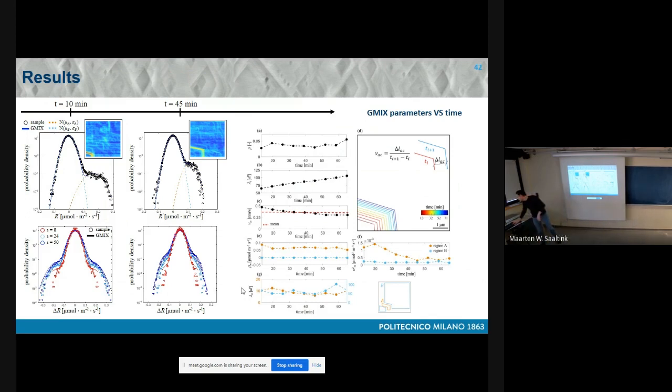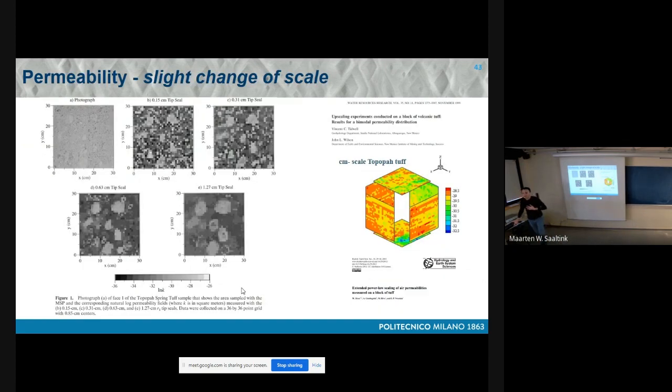Okay? And we also tried, just to go back to another scale, permeability, for example. These are famous experiments which have been published in 1998. It's a block of topograph along whose faces several air permeability data were collected, where air permeability was inferred because the measurements were fluxes and pressures.